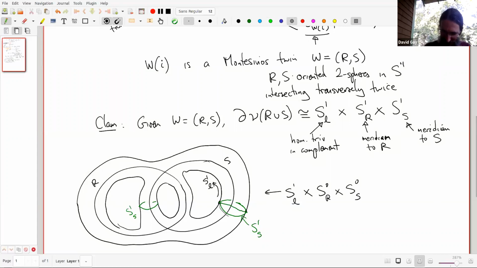You can try to imagine the actual full S1s. This is an S1 sub S, which could just as well be over there, and then maybe in a different color, this is your S1 sub R.